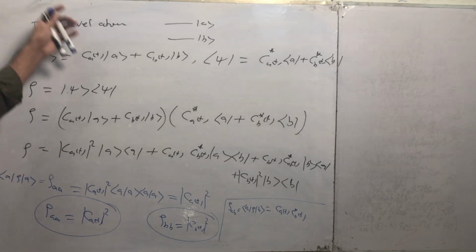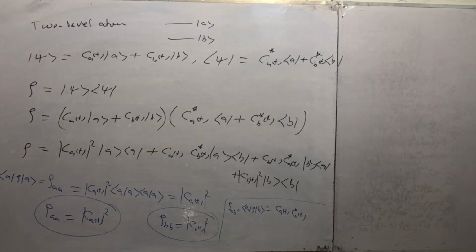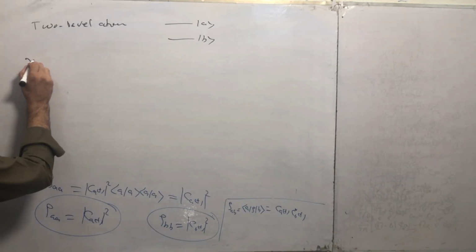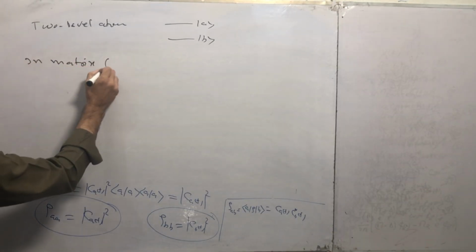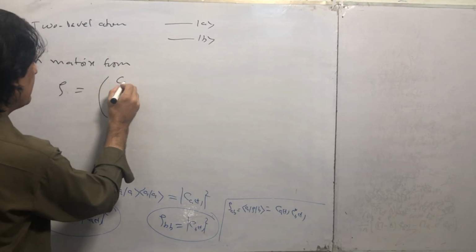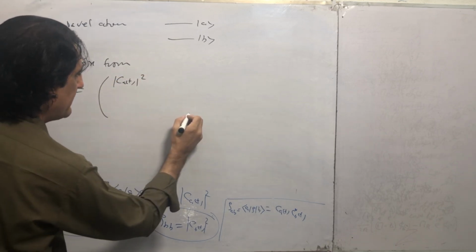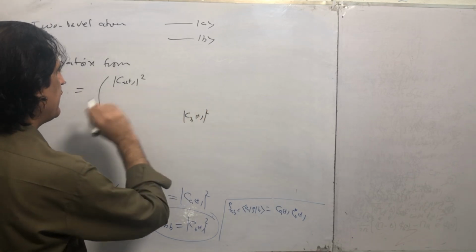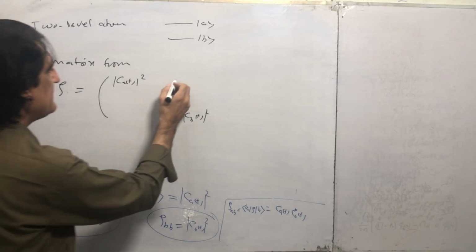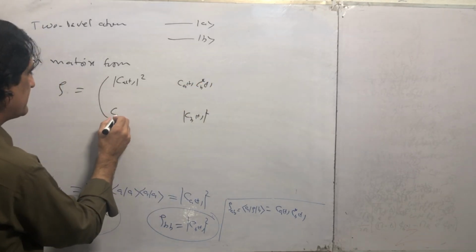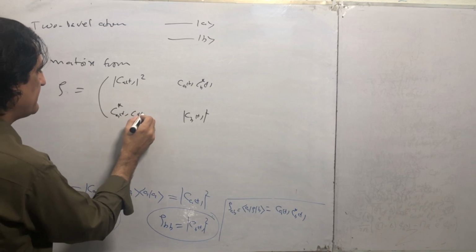So this is the method by which you can take the two-level atom and find out rho AA and rho BB. In matrix form, rho can be written as Ca of t absolute square and Cb of t absolute square, and here Ca of t Cb star of t, and here Ca star of t and Cb of t.